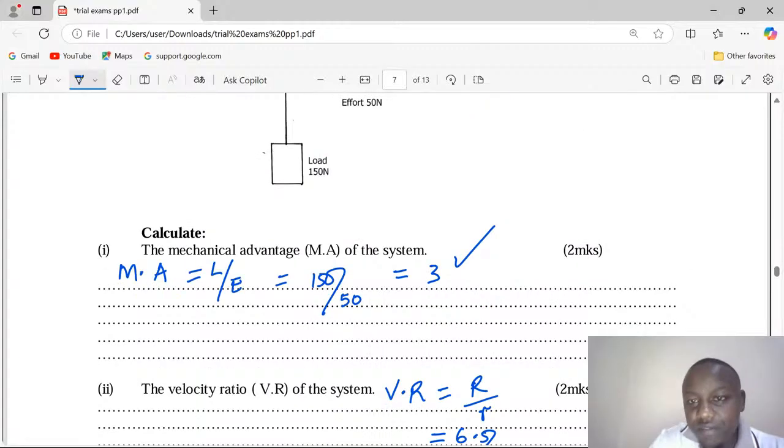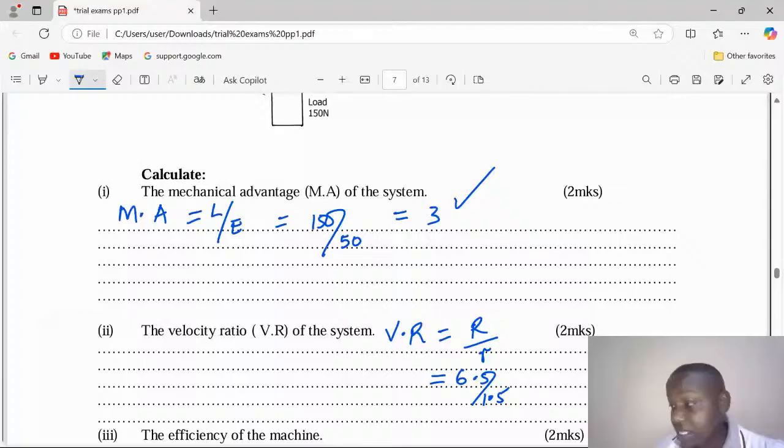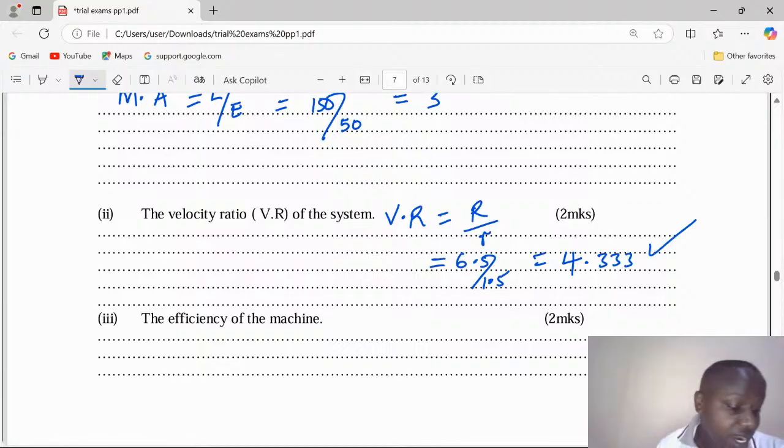Let's confirm, 6.5 over 1.5. This will give us 4.333. Being a ratio, it has no units.